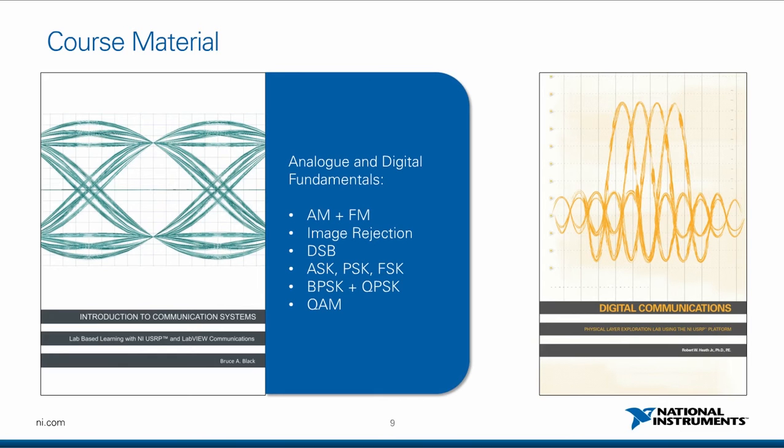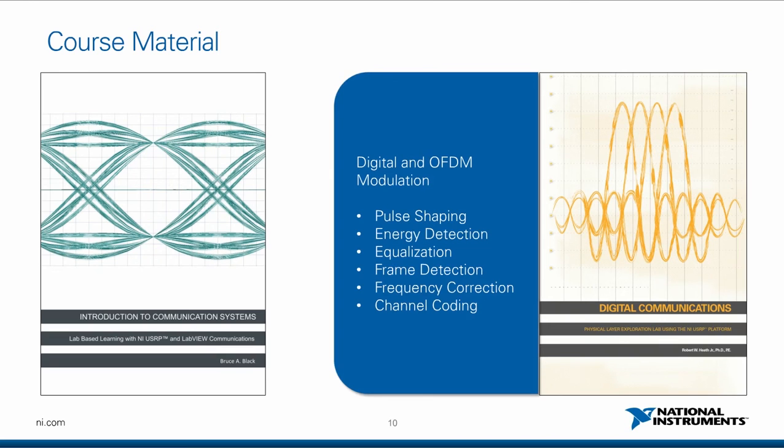The second manual is Digital Communications by Professor Robert Heath of the University of Texas. Robert focuses on the OFDM modulation scheme, which is the underlying technology behind 4G or LTE mobile phone signals. The students learn from the point of view of a system designer, starting out with a complete working OFDM system and then slowly removing subsystems and replacing them with their own code, thus experimenting with different techniques.